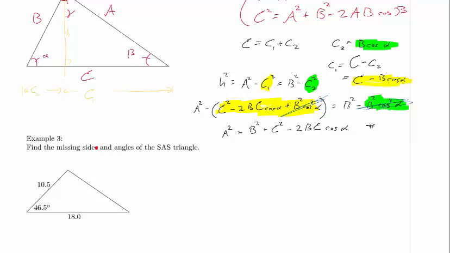We're going to call this side A, and we'll call this angle beta here, and we'll call this angle gamma. Okay, so those are the three things that we are trying to find. Let's figure out beta first.